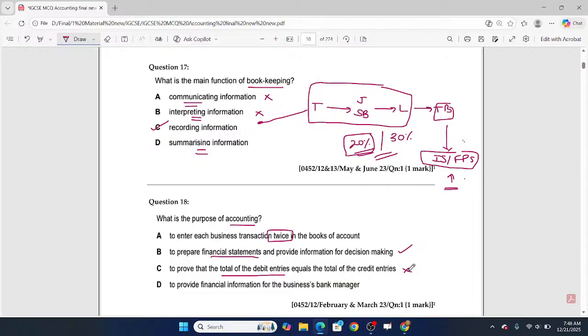No, that's only for cross verification whether you have posted everything perfectly or not. So it is not our intention. Accounting intention is to find out what is the profit, and you have to intimate this profitability to your boss or decision maker. To provide financial information for the business bank manager. No, it's not only the business bank manager, it's for all the information related. So among the three, B and D seem to be better, but B is superior.